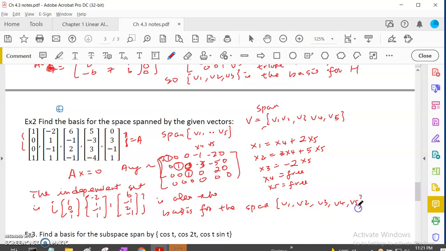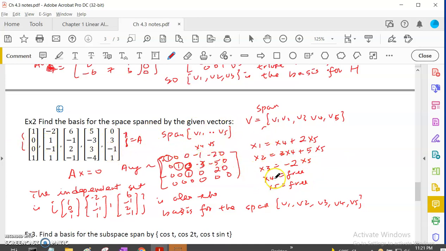How can I be so sure? Because if you look at how these are set up, whenever I want to have x4 equal to 1, that means I want to have 1 of v4. I would just put in x4 and then x5, like this is 1, 0 or 0, 1 or whatever I want. I can always use x1, x2, x3 to make it equal to 0.